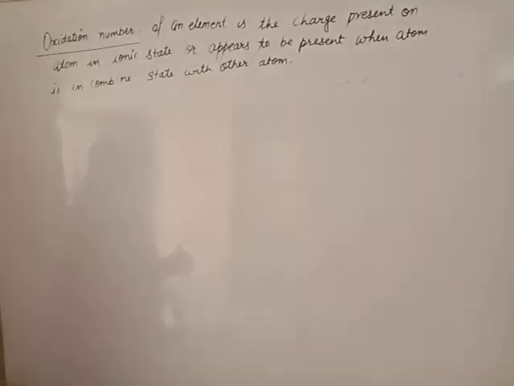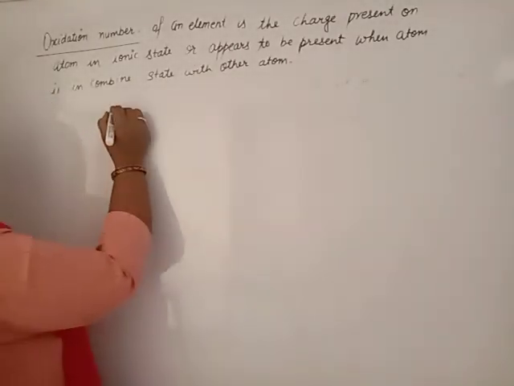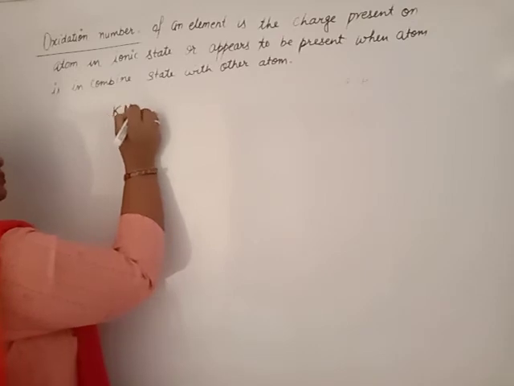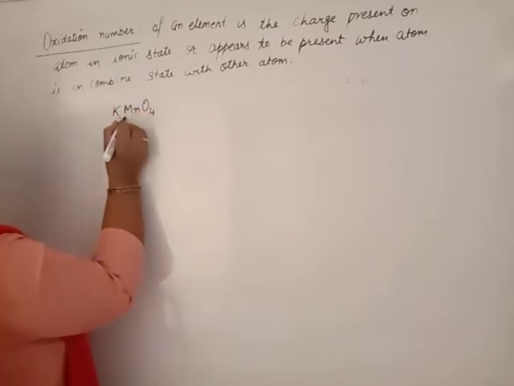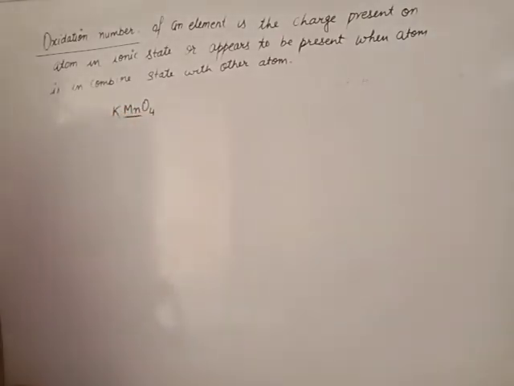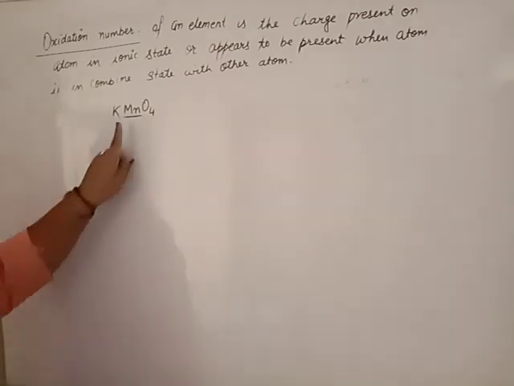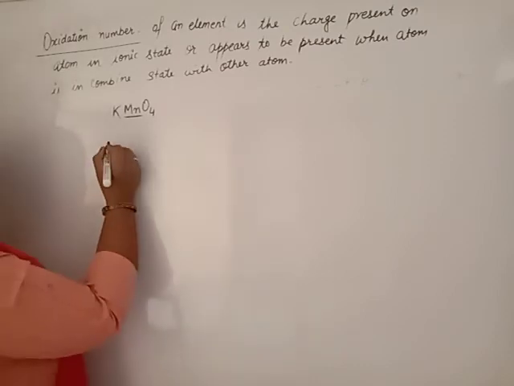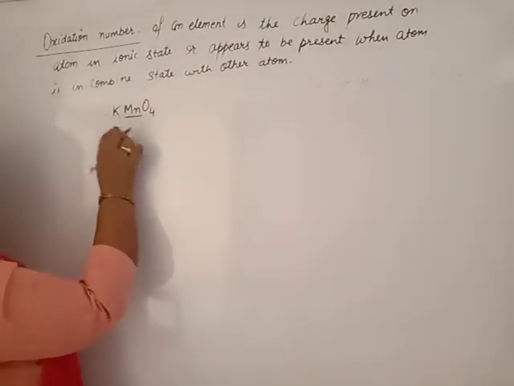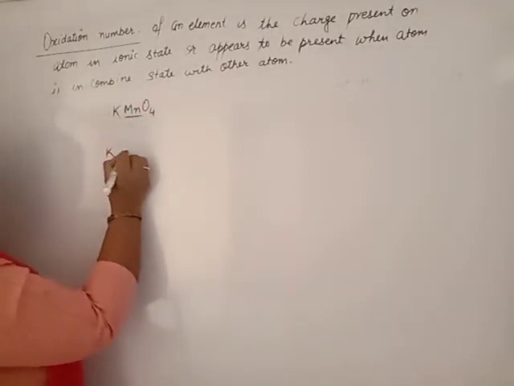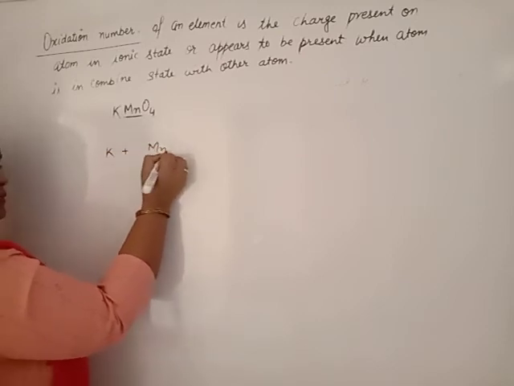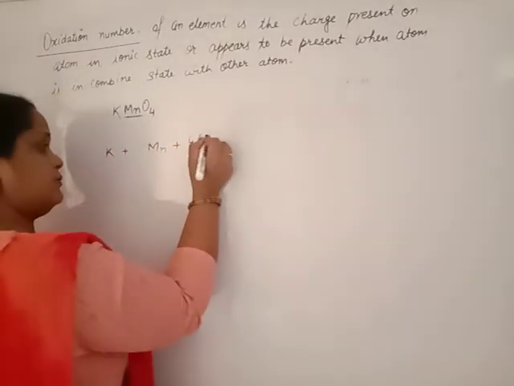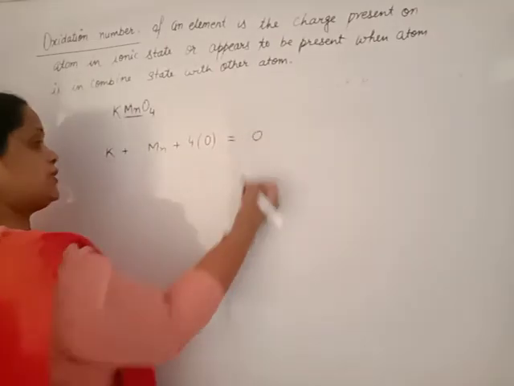Suppose a compound is given to you, KMnO4, and you want to calculate the oxidation number of the underlined element. Now apply the rule. It is a neutral molecule, made up of potassium, manganese, 4 oxygen. Sum of the oxidation number is 0.